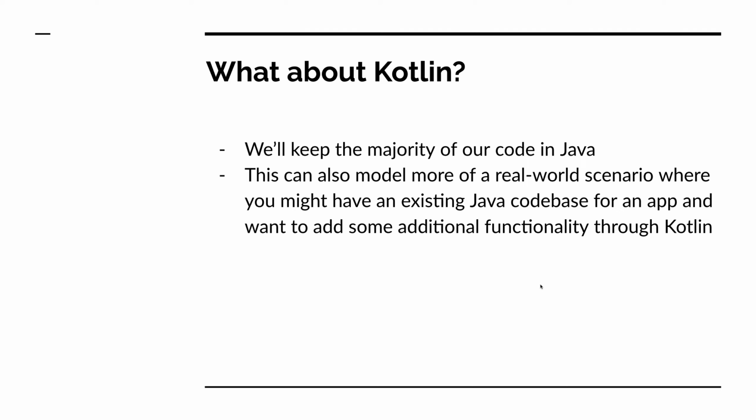And this is also just a useful approach to get used to, because in the real world, you might join a team or hop onto a project where they've already written the bulk of the code in one language, and figuring out how to write certain aspects that make more sense in a new language without rewriting the whole code base is just a good skill to have.